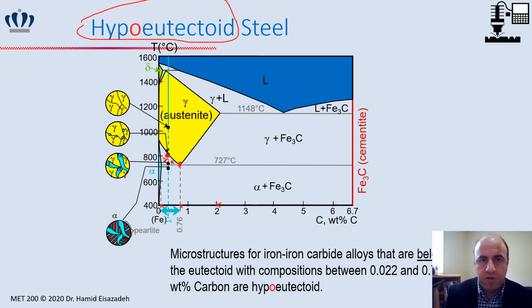So you have this alpha, and when you reach this point, we have all alpha plus Fe3C. You see, we have some of the gamma transformed to alpha, but we still have some gamma left. The remaining gamma transforms to pearlite, or this combination.